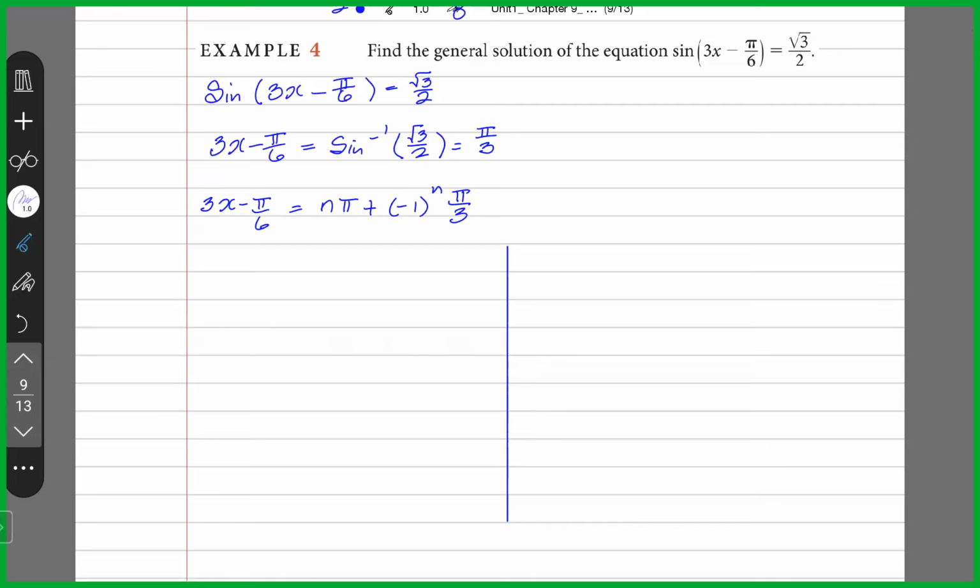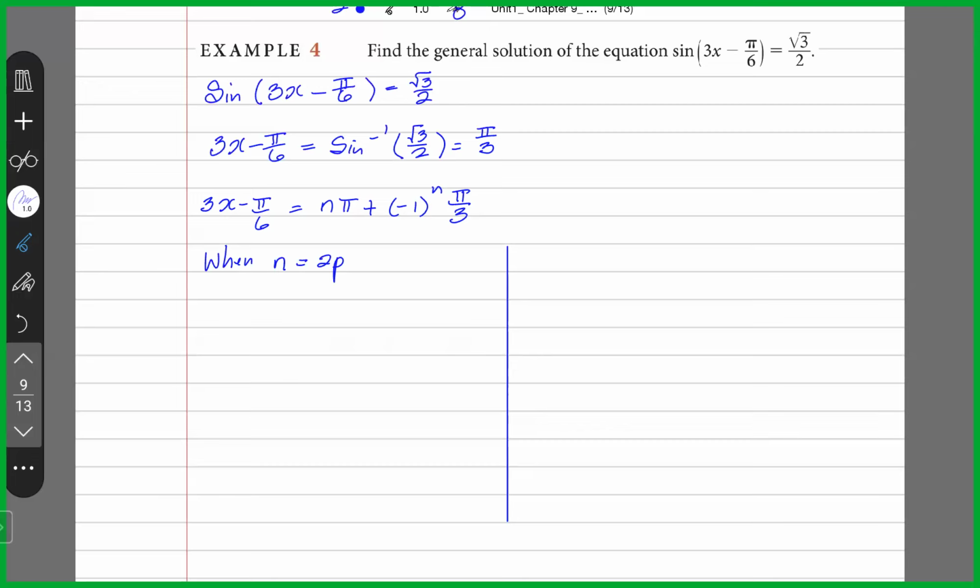All right. Now I'm going to take this a little bit further. Remember I said to you that the sign of pi by 3 is either going to be positive or negative, depending if n is odd or even. So I'm going to say what happens when n is equal to 2p. So essentially that is when n is even.